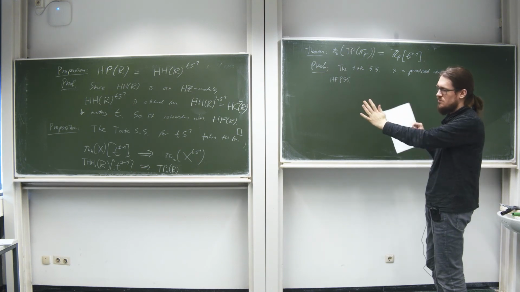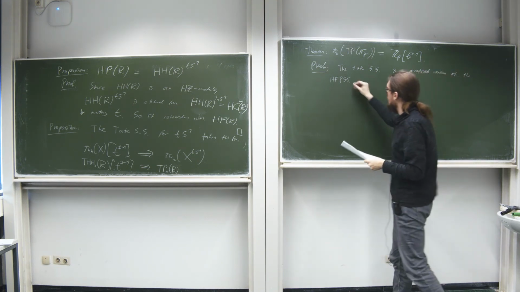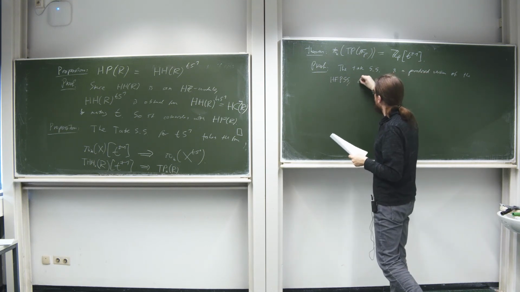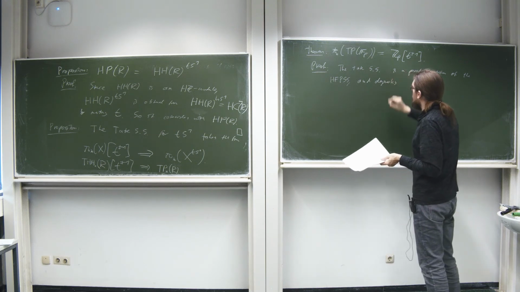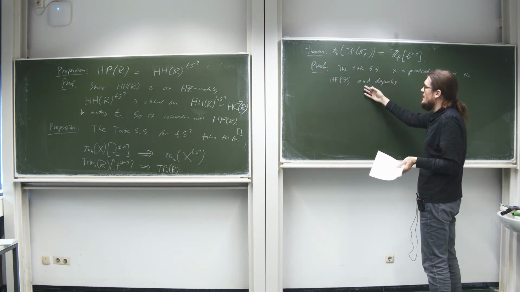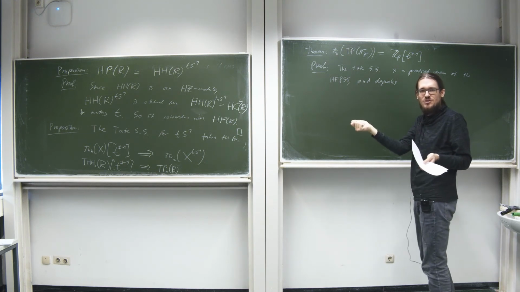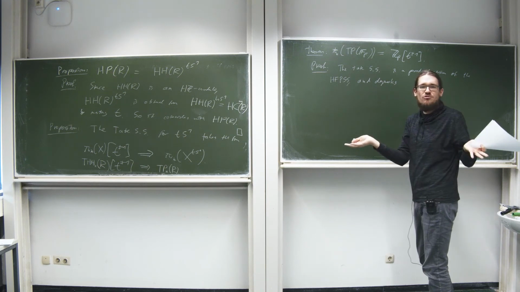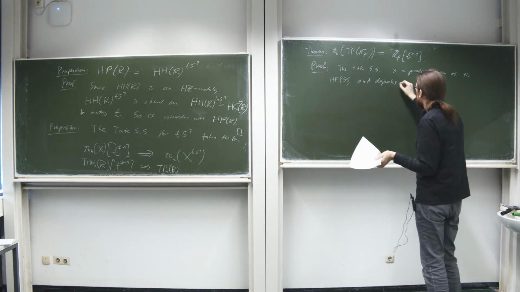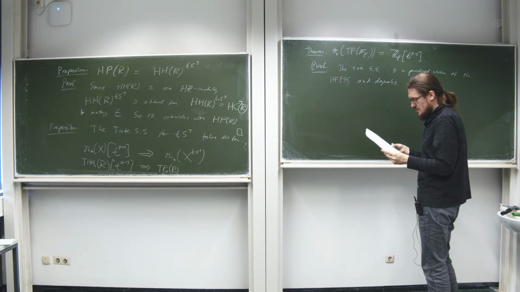The E2 page is really just obtained by inverting T. And it still degenerates, either because it's obtained by inverting this element in the degenerating homotopy fixed point spectral sequence, or I guess for the same degree reasons. Everything is in even degrees. Right? So what does this look like?